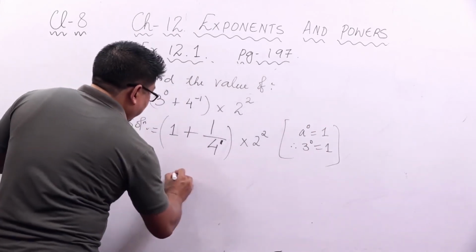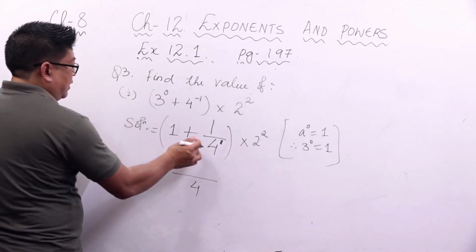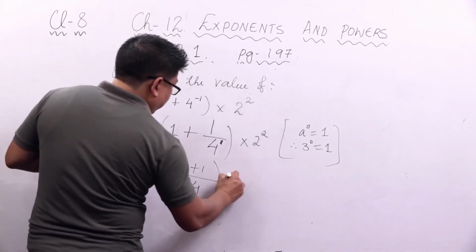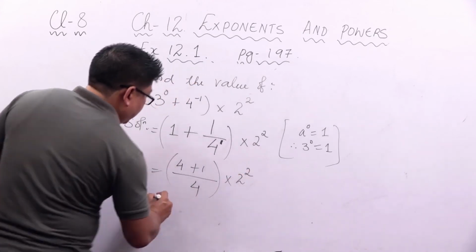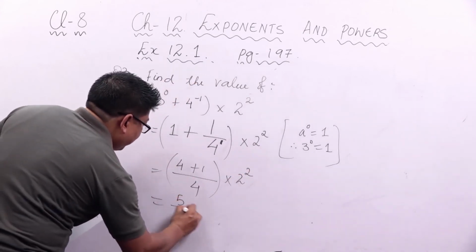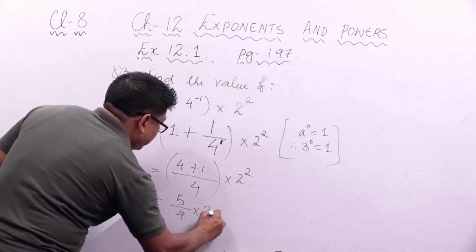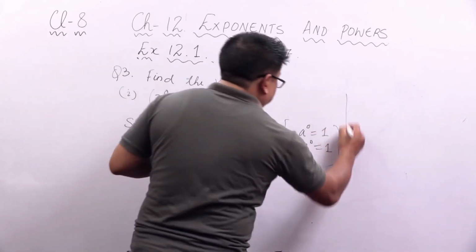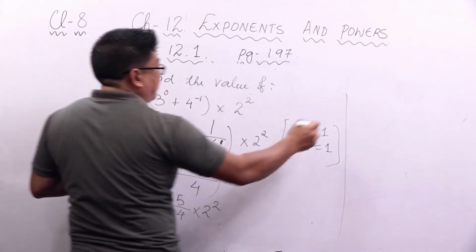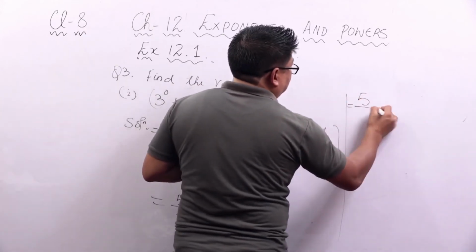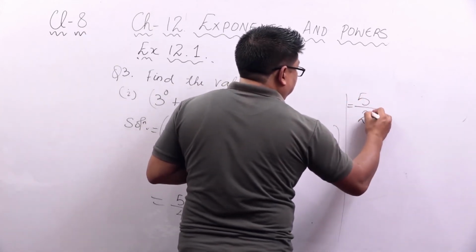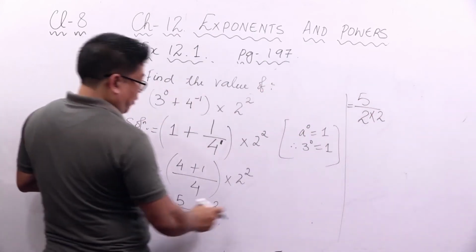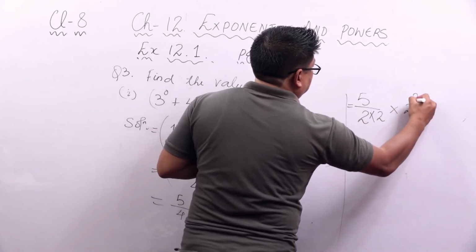Now, take the LCM, I get 4. 4 plus 1 into 2 to the power 2. So 4 plus 1 is 5 by 4 into 2 to the power 2. 5 by 4. So when I say 4, I can write it as 2 into 2. 2 into 2 is 4, and into 2 to the power 2.